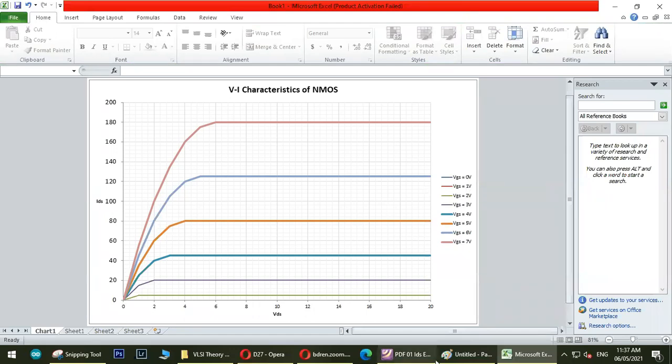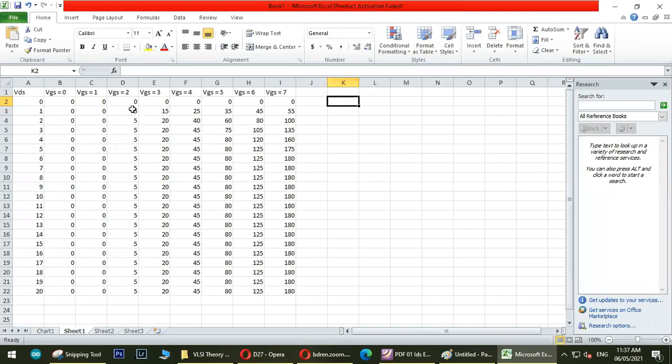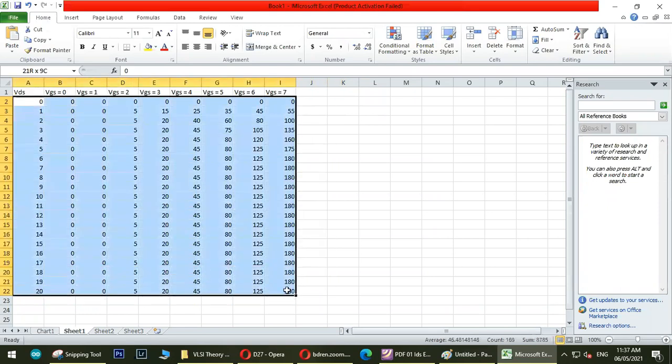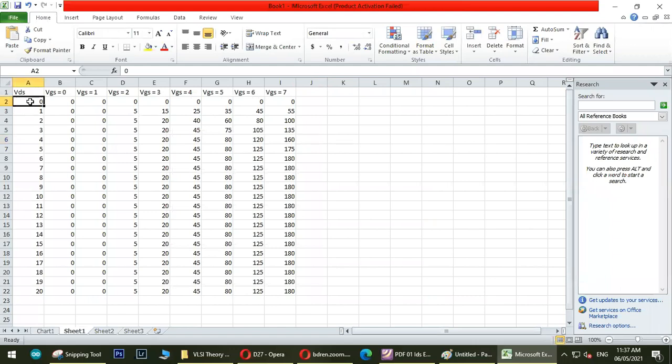So here, what I have just shown you, I have used 3 different equations in this graph making process. When your VDS was equal to 0, your whole line will be 0, because no matter how your VGS changes, since your VDS is equal to 0, your current will be 0.